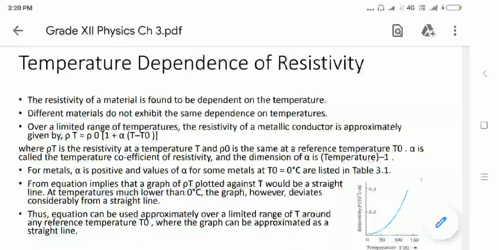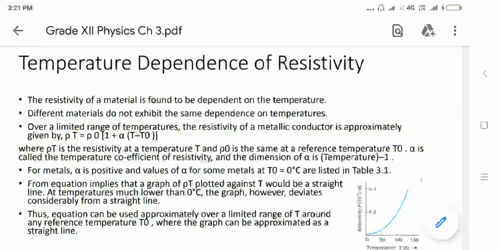So by observing this graph, we can say the temperature dependency of the resistivity is not linear. As the temperature increases for the copper material, the resistivity is not a straight line. It is chosen as a parabola, which means it depends on the square term, like a parabola.